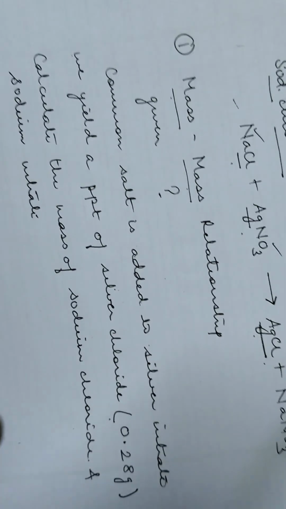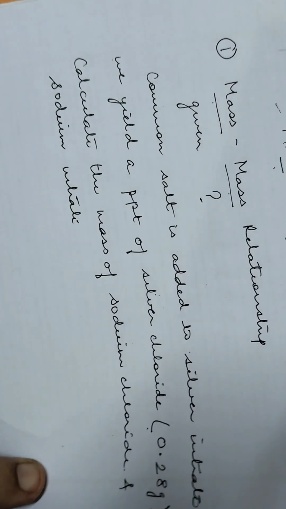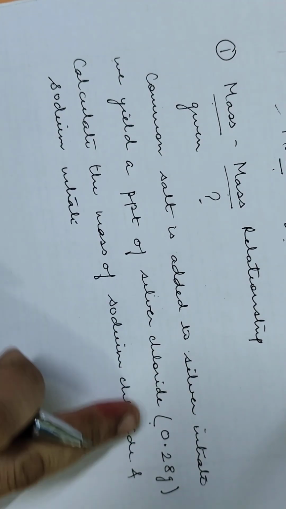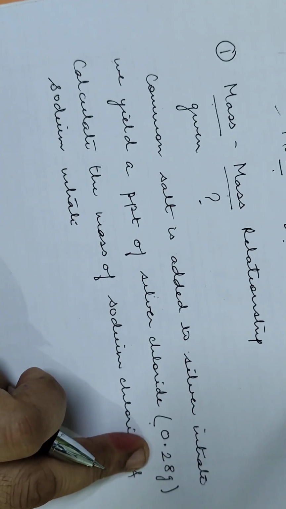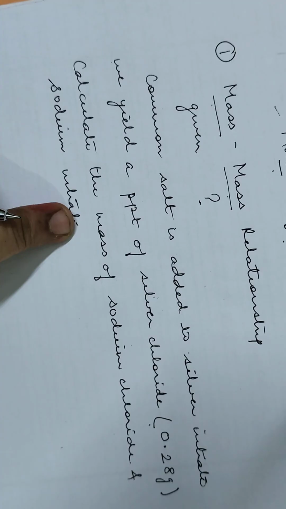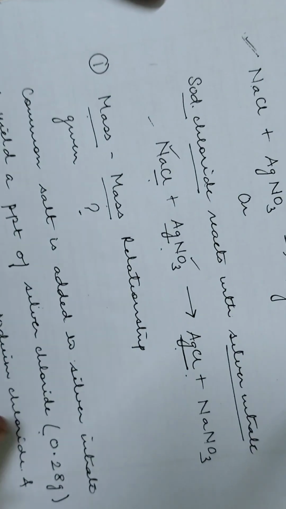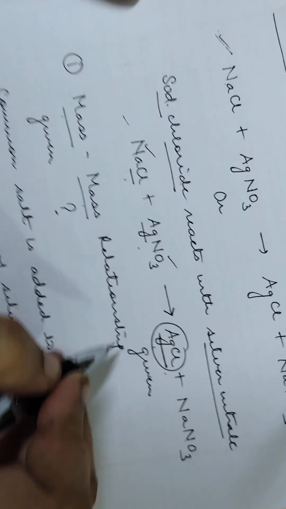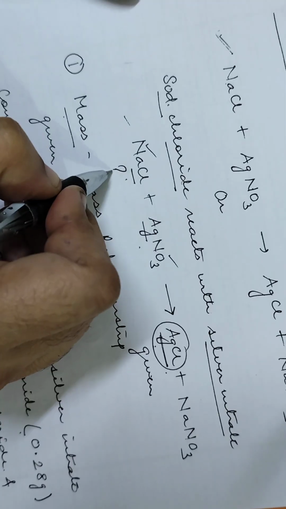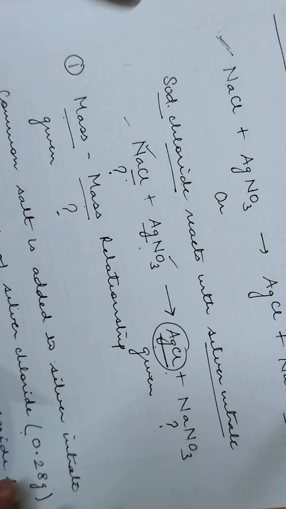That common salt is added to silver nitrate and we yield a precipitate of AgCl and the mass of AgCl is given to you. And you have to calculate the mass of sodium chloride and sodium nitrate. That is, this is given to you and you have to calculate NaCl and NaNO3 mass.